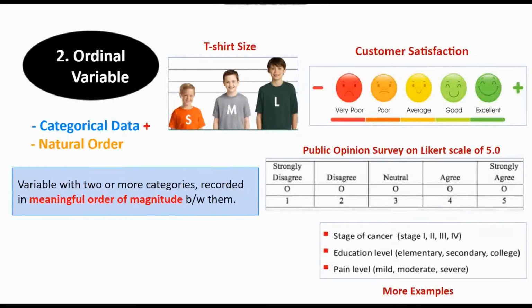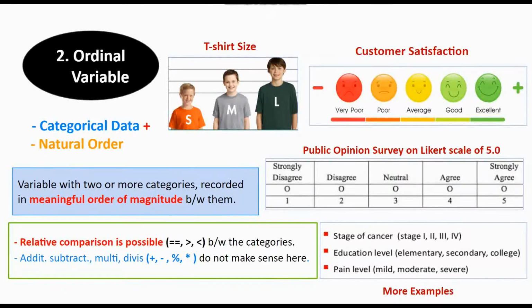A few more examples are stages of cancer and education level. So in short, you see a kind of natural ranking. The point to be noted here is we can only do a relative comparison. Any kind of addition or subtraction is not possible. It won't make sense.